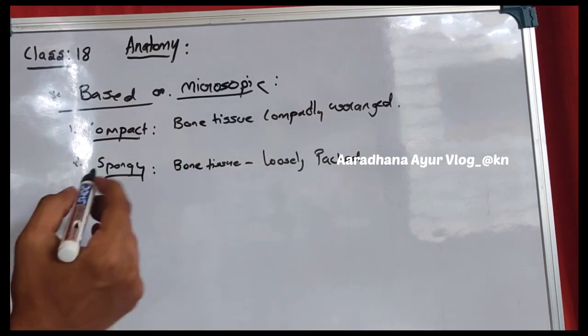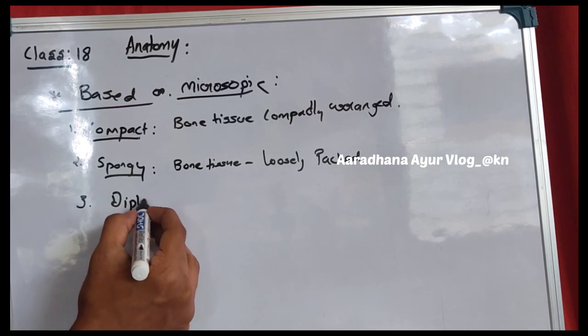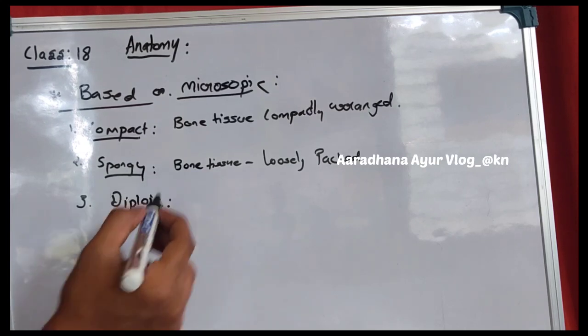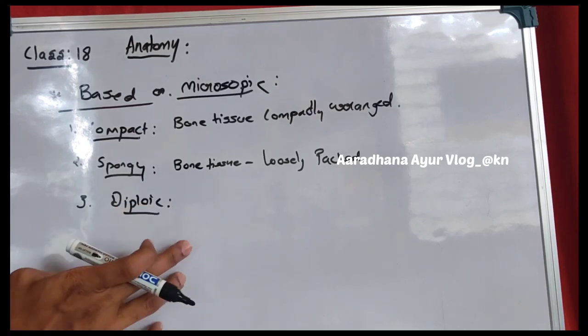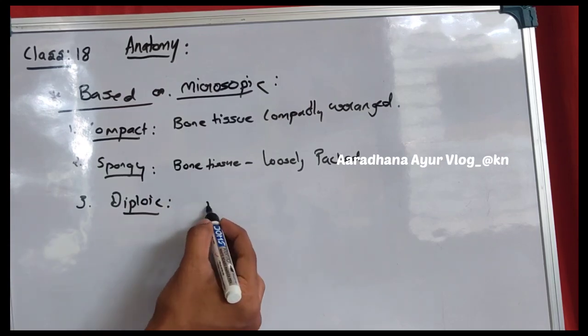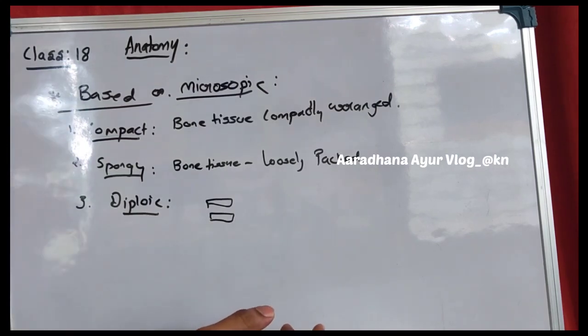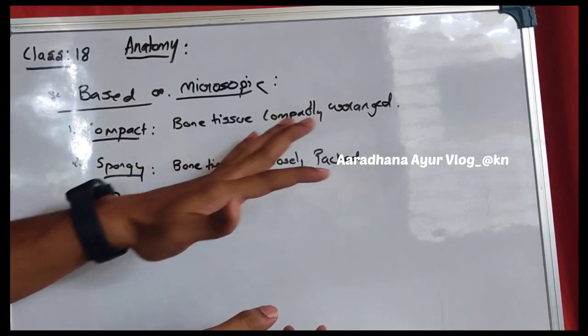And the third one is the diploic one. Here also spongy tissue is sandwiched between two compact bones. Compact bones are the bone tissue that is compactly arranged.